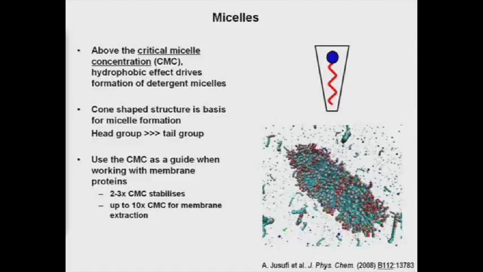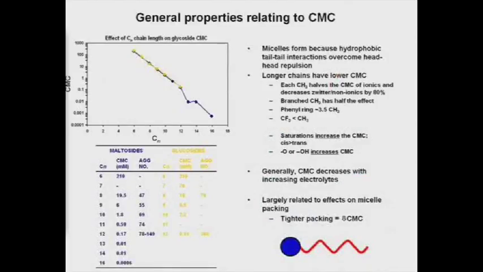We have these structures which aren't perfectly spherical, as that cartoon tends to suggest, and depending on properties like the aggregation number and the HLB of the detergent, we get changes in this ellipsoid structure from something that approaches a sphere to something that starts to look really elliptical, like this example here. And we have monomers that are in equilibrium with the micellar type structures, and these tend to pop on and pop off like lipids do on cell membranes and so forth. So that's an example of what things really look like.